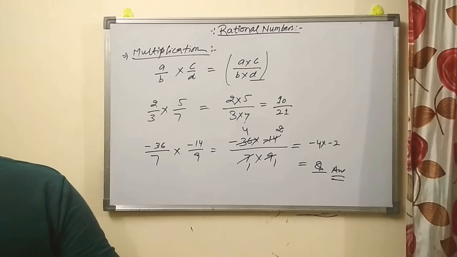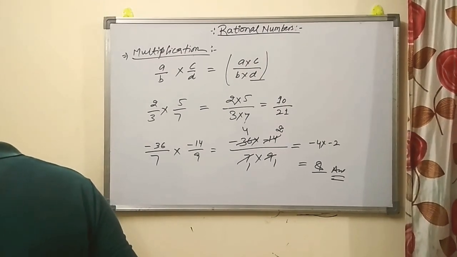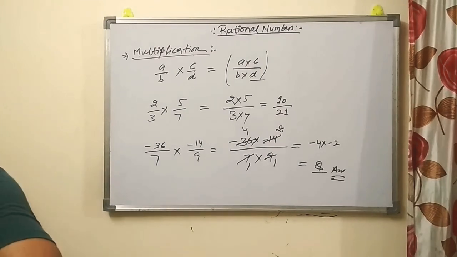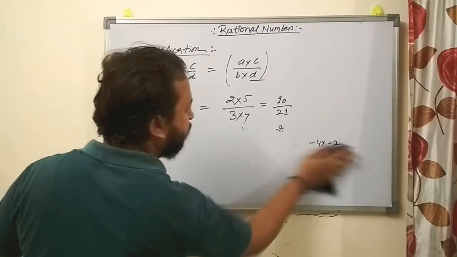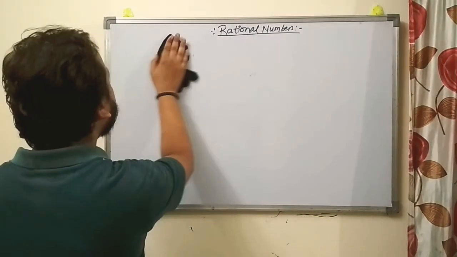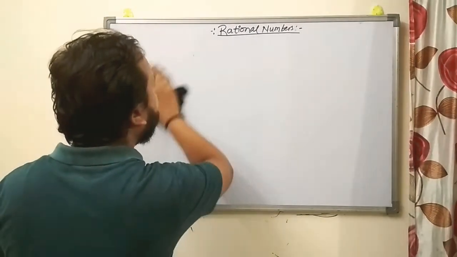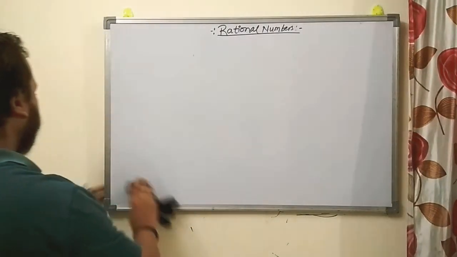So now we are going to take some examples from the exercise. I'm going to take a simplification example, because in simplification two mathematical operations are going to be used.